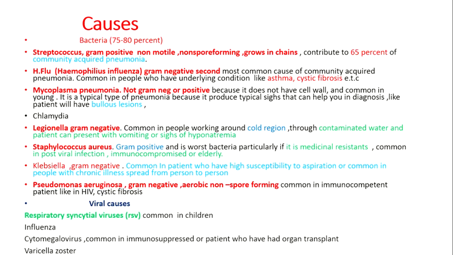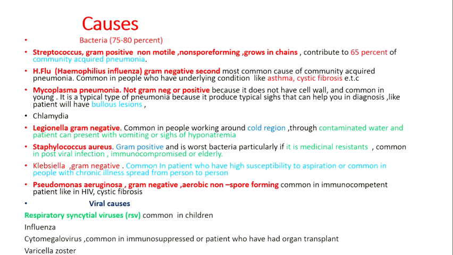Another one is Staphylococcus aureus. We have said the good way to differentiate between Streptococcus and Staphylococcus aureus is that this one will appear in cluster form, while that one will appear in chain form. People with this type of bacteria, this is a worse bacteria because it can lead to what we call multiple drug resistance.